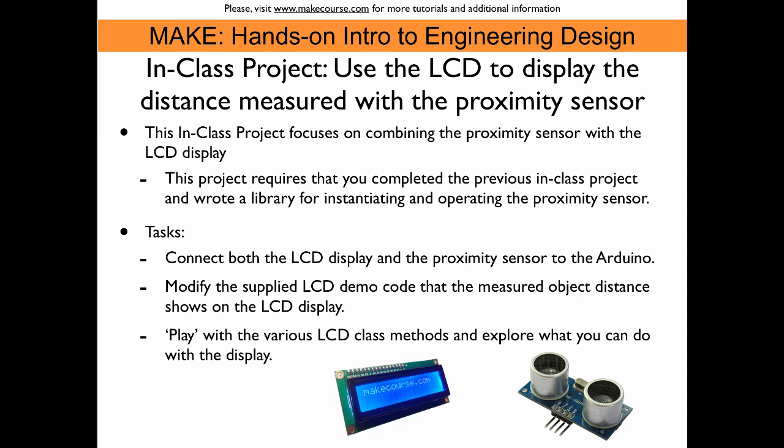So the tasks are: connect both the LCD display and the sensor to the Arduino, and then modify the posted LCD demo code that I just discussed, and add the code for the sensor and show the measured distance on the LCD display. If there's still time, then please play with the various LCD methods that are supplied in the library.